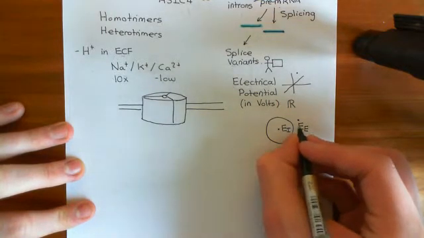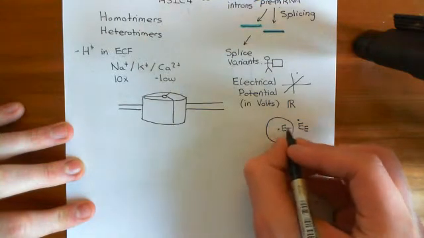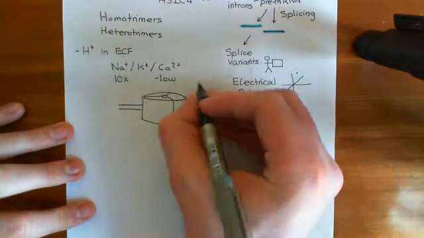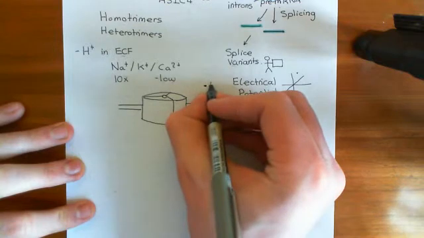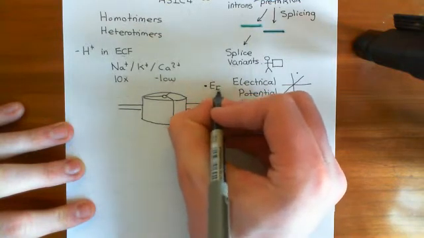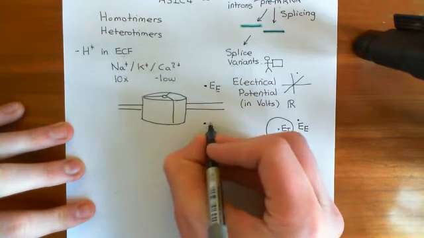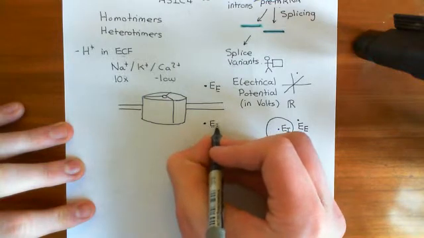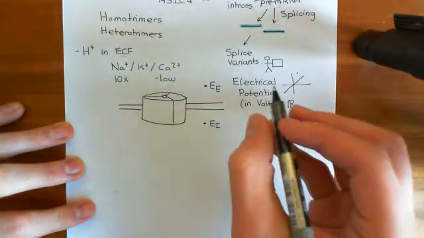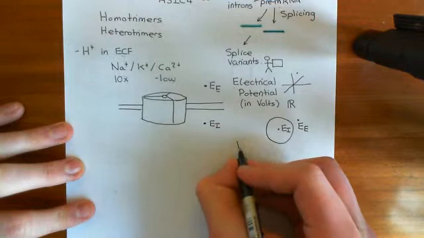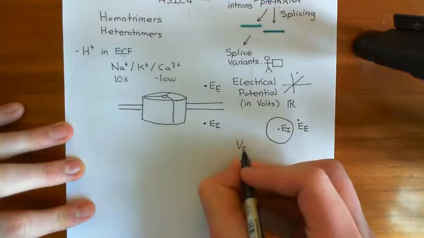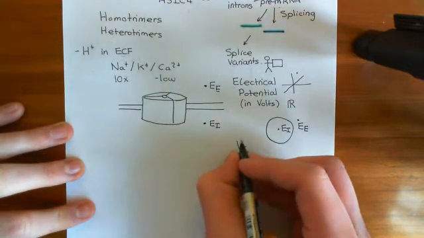Now these two numbers are not necessarily the same thing. To transfer that over onto this picture, we've got some electrical potential extracellularly, and we've got a different electrical potential intracellularly.